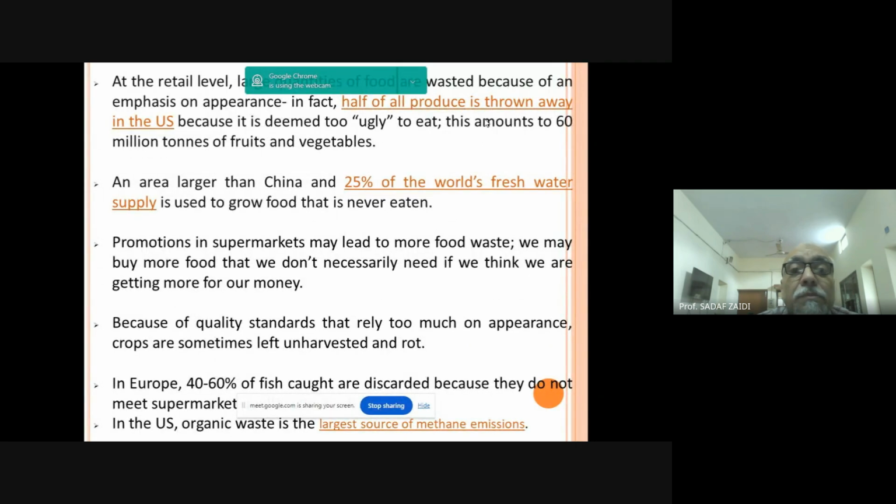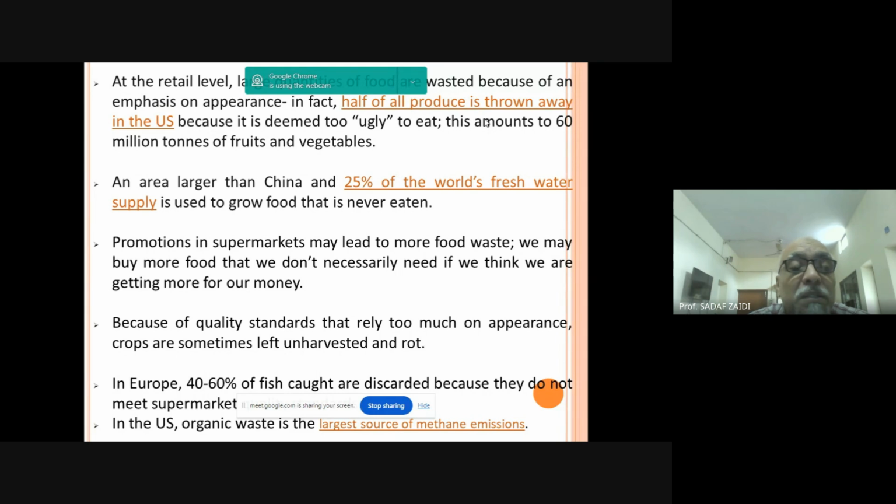Then you see that at the retail level you've got losses in the developed countries because there is a lot of importance to the appearance of the food. आप भी जाएंगे कहीं बाजार में तो अगर आपको सब्जी मिलेगी, कोई बहुत गली सड़ी सी दिखाई देने वाली सब्जी होगी, पॉक मार्क बैंगन होंगे या पोटैटोज होंगे या और चीजें होंगी, तो you will not buy them.